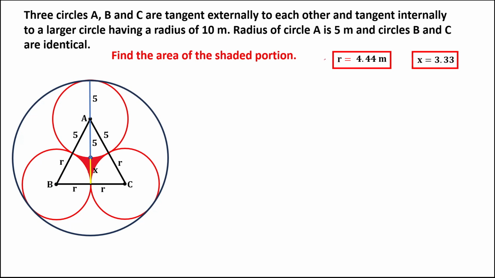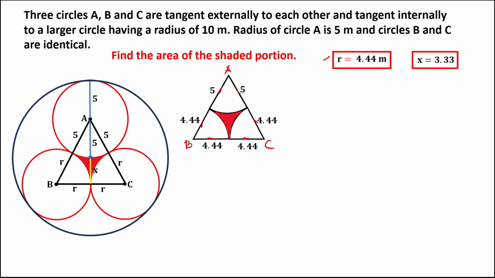Since we now have the radius of circles C and B, we can find the area of the shaded portion, which involves circle A, circle B, and circle C. The radius of circle A is 5, and for circles B and C, that's 4.44.